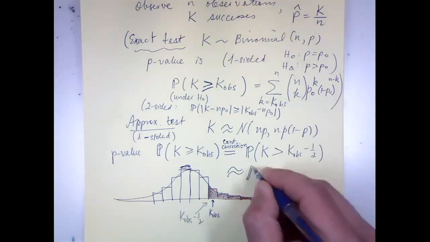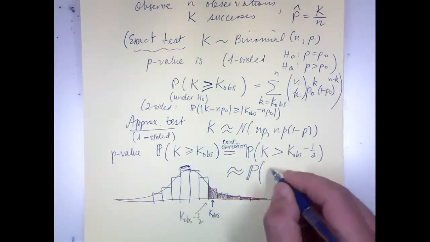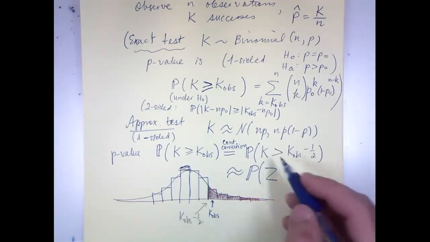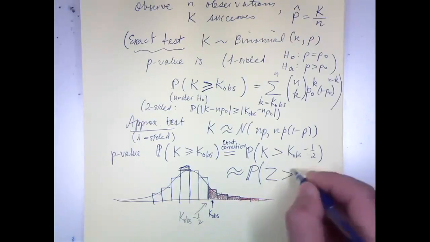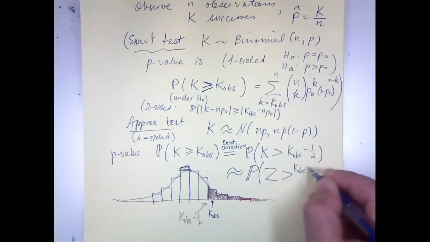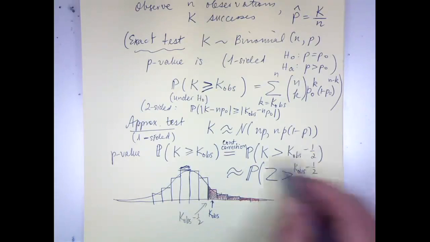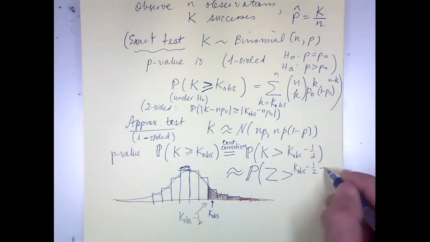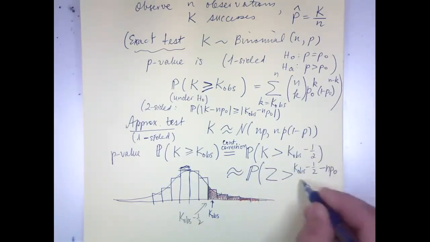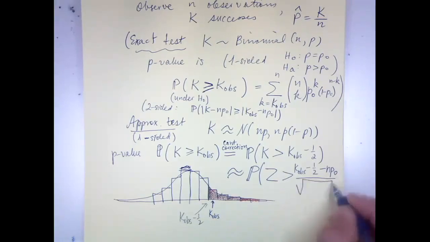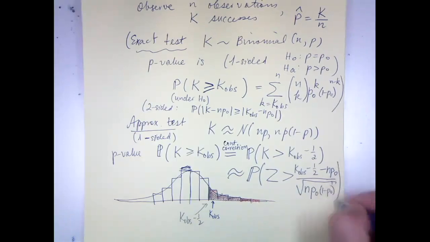So, by the normal approximation, the probability that Z, which is a standard normal, is greater than k observed minus a half. That's the relevant cutoff. Subtract the null hypothesis mean, and divide by the null hypothesis standard deviation, root np0 times 1 minus p0.